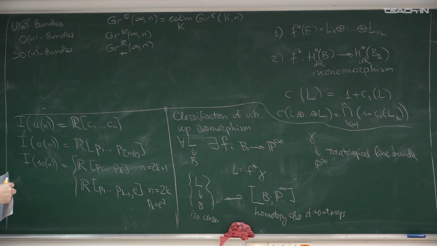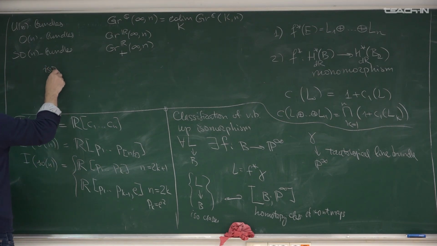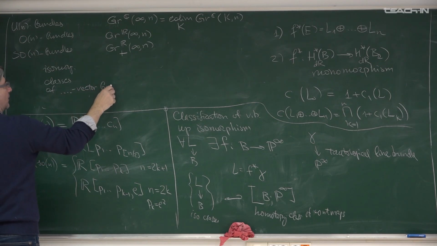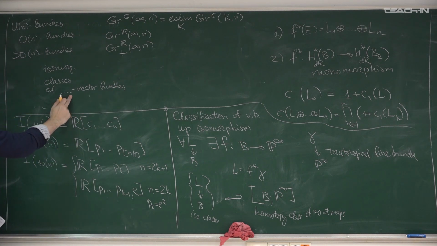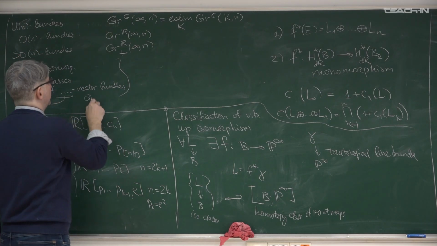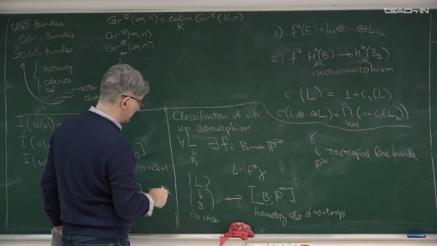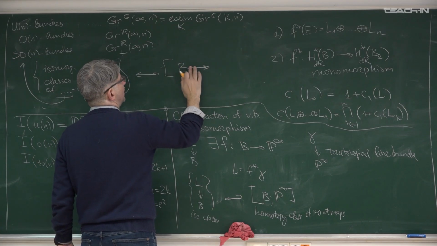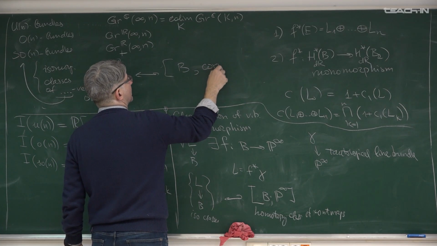So in each case, isomorphism classes of vector bundles, where the structure group is one of these 3 groups, over B, are in one-to-one correspondence with homotopy classes of maps from B to the corresponding Grassmannian.